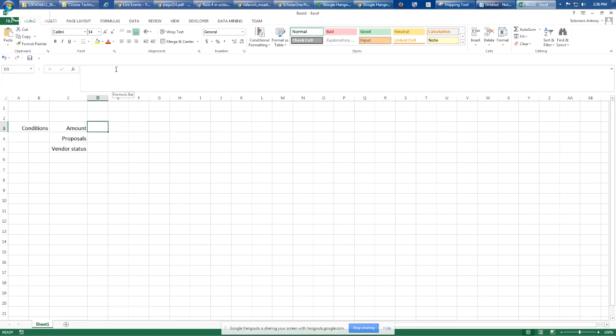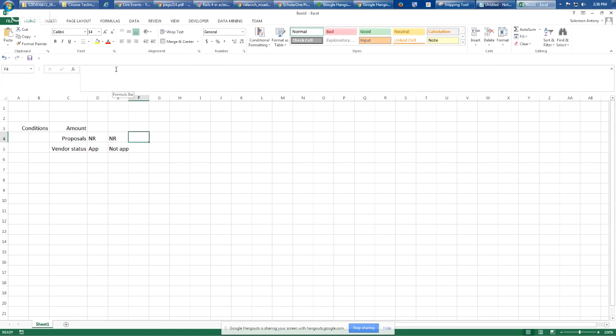So amount could be, the vendor status could be approved or not approved, and the number of proposals needed could be not required.